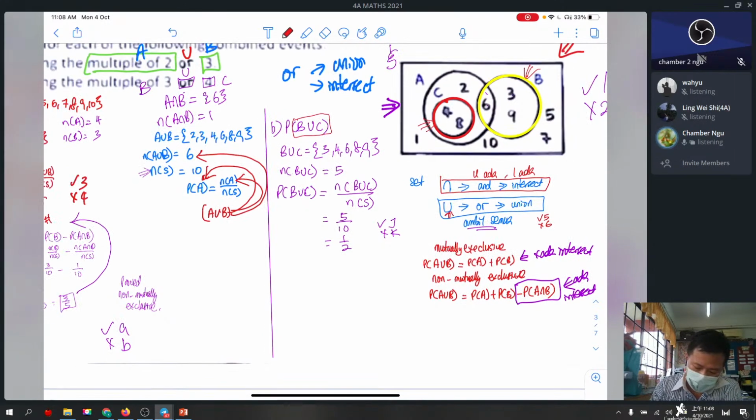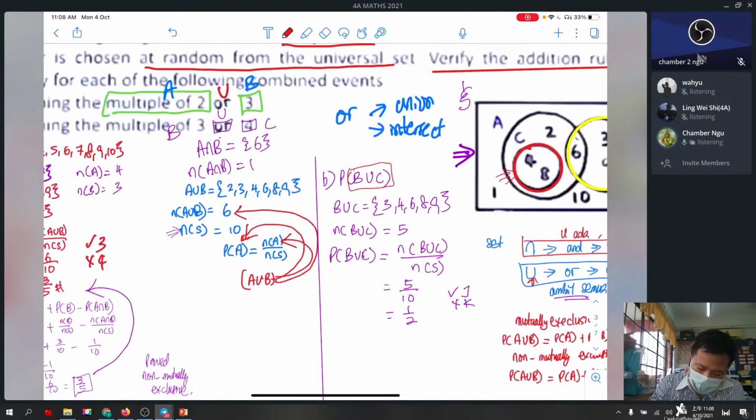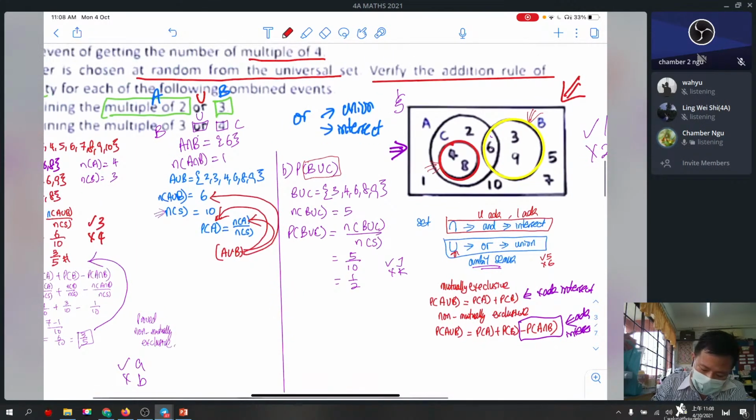Recall the earlier question A. We had A intersect B, which is number 6, the common element between A and B. Only one, so the number of elements is 1.